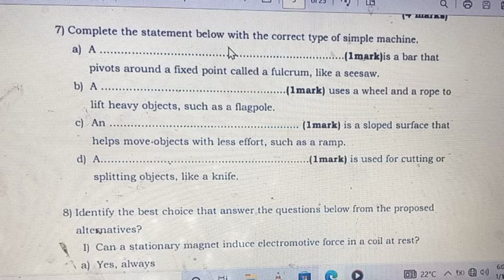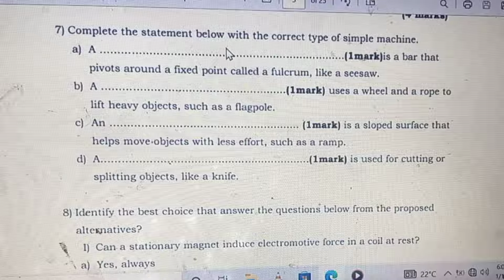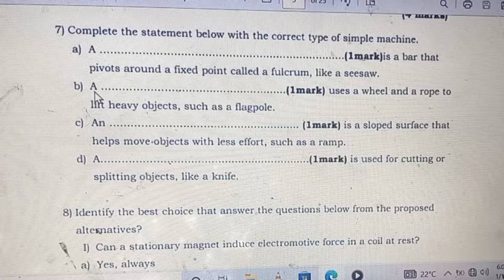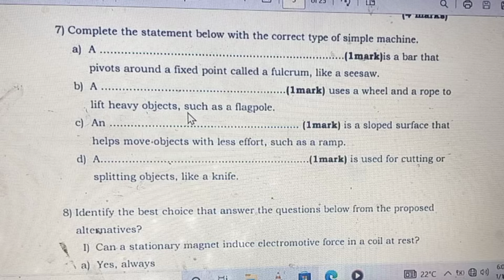The correct type is lever. B. A dash dash uses a wheel and a rope to lift heavy objects such as a flagpole. The correct type is called pulley.